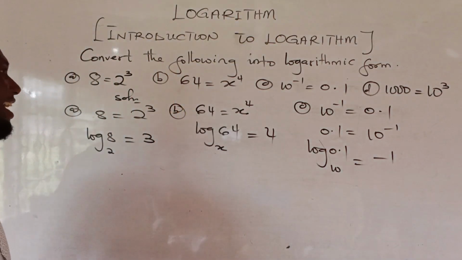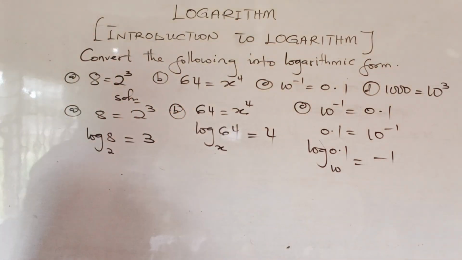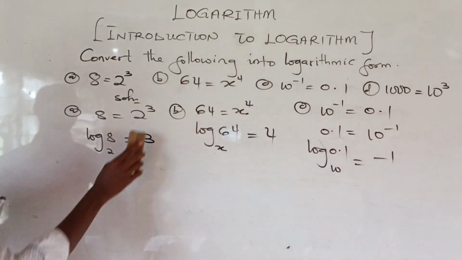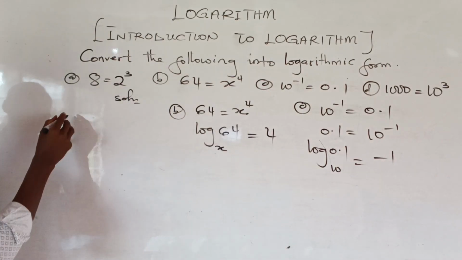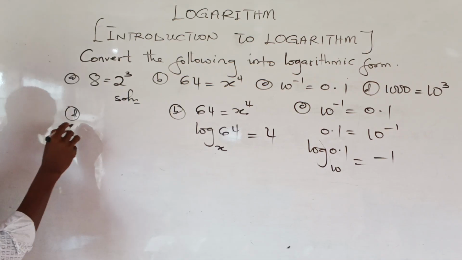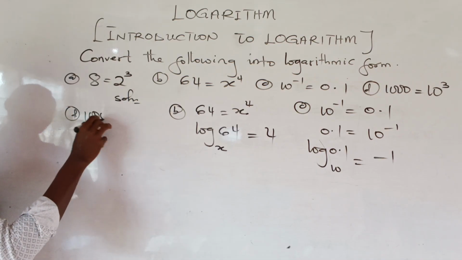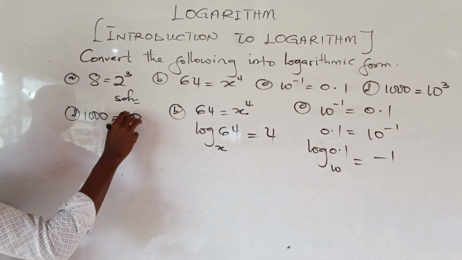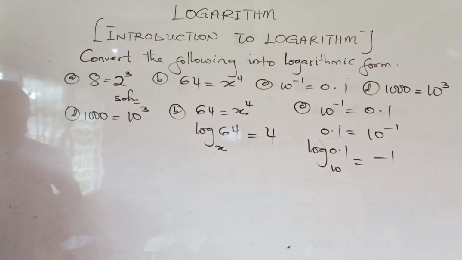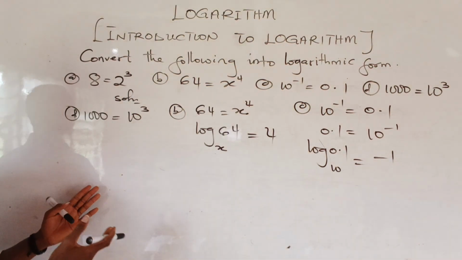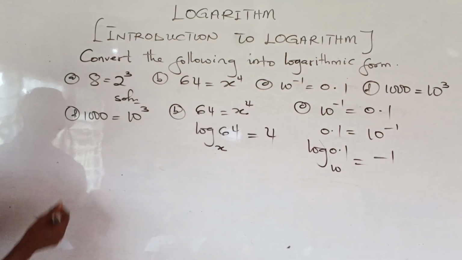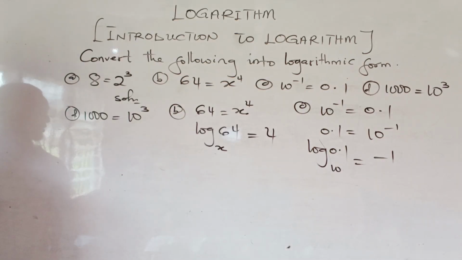Let's go ahead and tackle the D. Let me clean this side so that we can have enough space for the D. So for D, we have 1000 equals 10 to the power 3. To introduce our log, first of all, let's take the log of the 1000 that we have here.